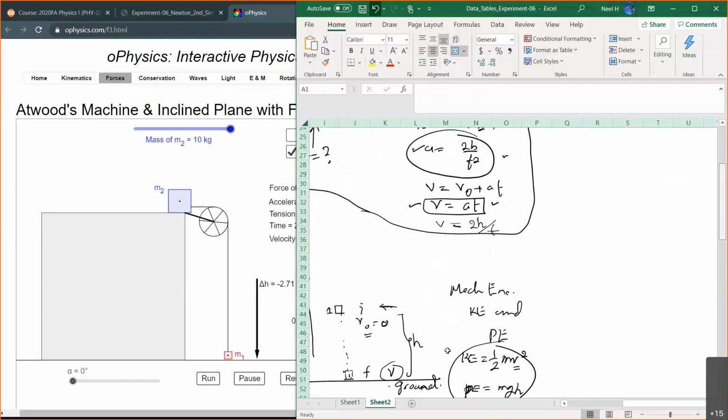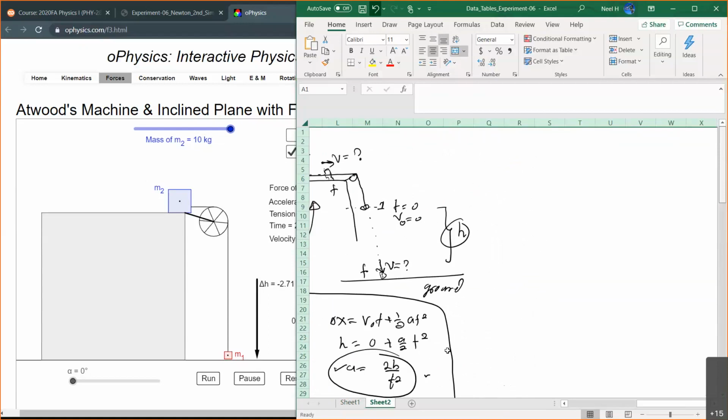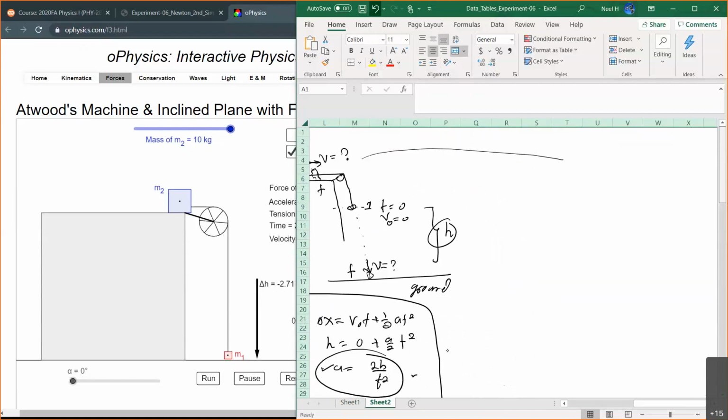For example, if I apply F equals ma for object number one horizontally, all the forces equal mass times acceleration, then you will get only one force. Now, there's no friction, right? The only force is positive T, which is equal to mass m2 times the acceleration. Now, what we're going to do is calculate tension several times, and then put that on the y-axis.